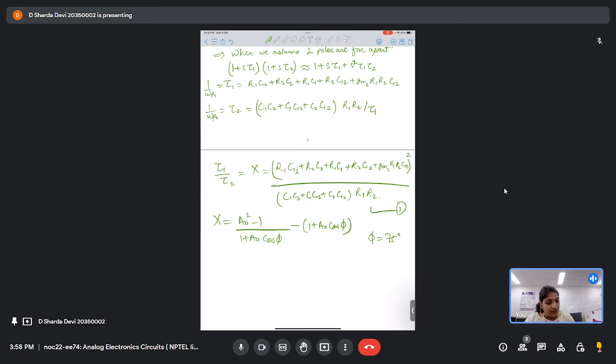Since a naught is also known to us, that is gm1, gm2, r1, r2, from here we'll get the value for x, right?